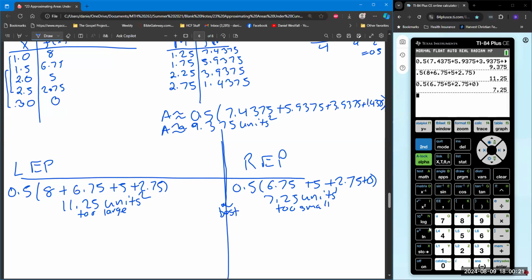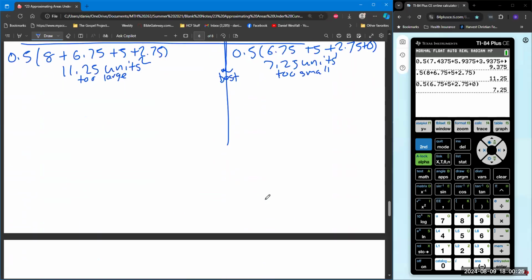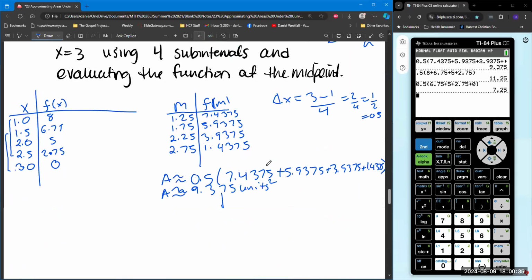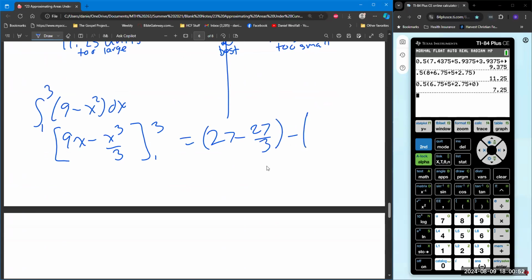Let me tell you what the exact answer is here. The integral from 1 to 3 of 9 minus x squared dx is going to be 9x minus x cubed over 3. From 1 to 3 is 27 minus 27 over 3 minus 9 minus 1/3.